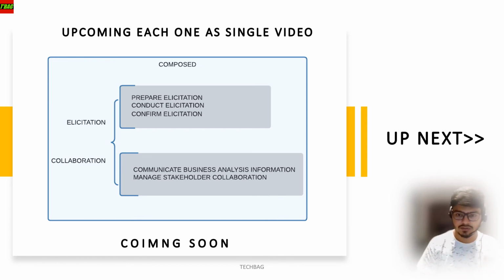The upcoming videos are: how to prepare before going for an elicitation activity, how to conduct elicitation, and how to confirm your results with the stakeholders once you do the elicitation activity. Then, how communication and stakeholder collaboration come in between those elicitation activities, and when you need to focus and be ready for unplanned and planned activities. These are all the things we're going to look at in the next videos.